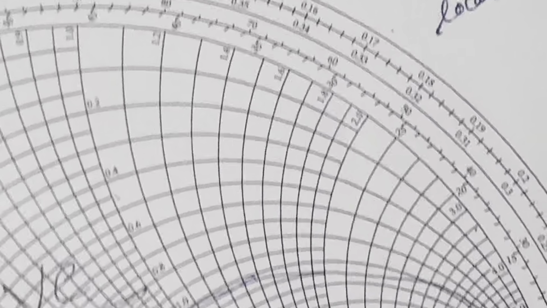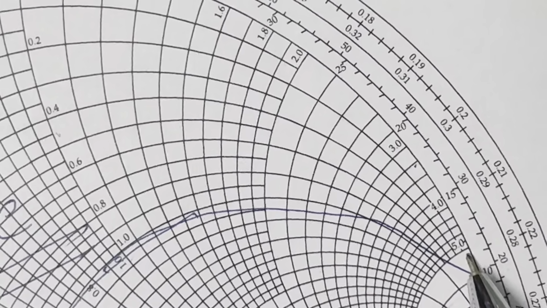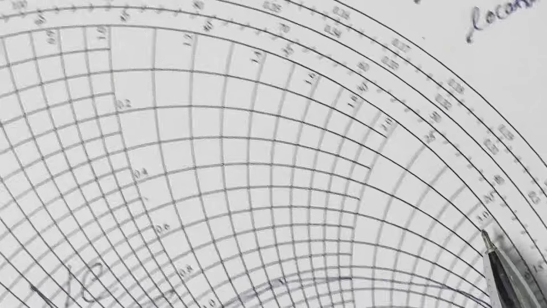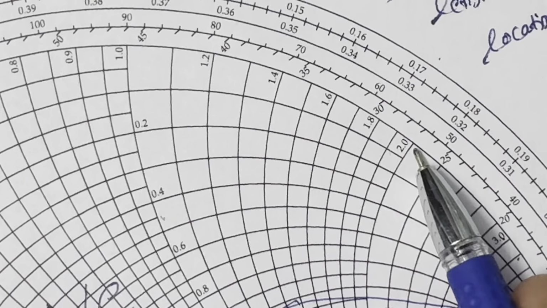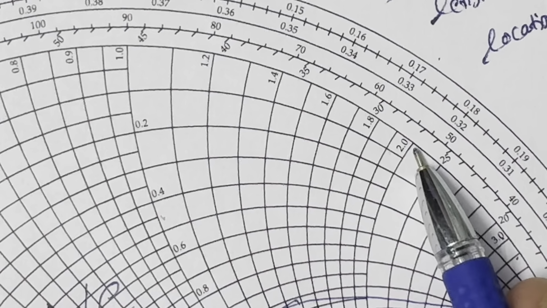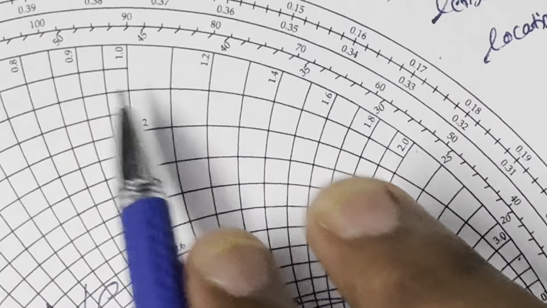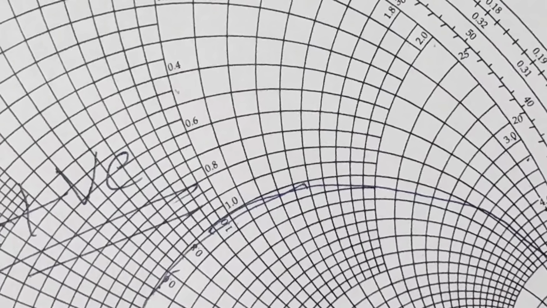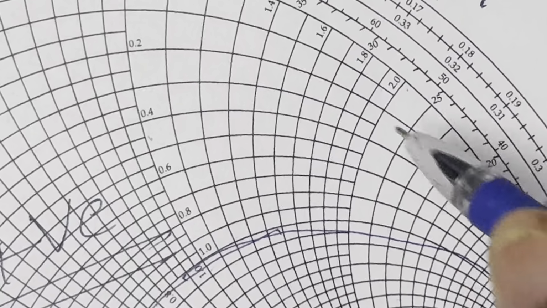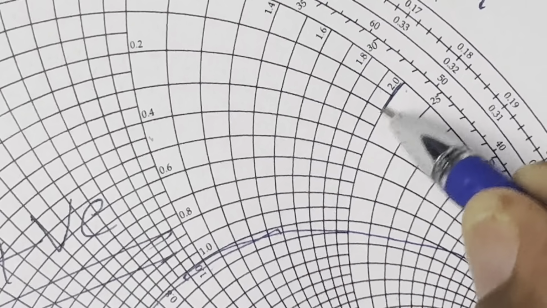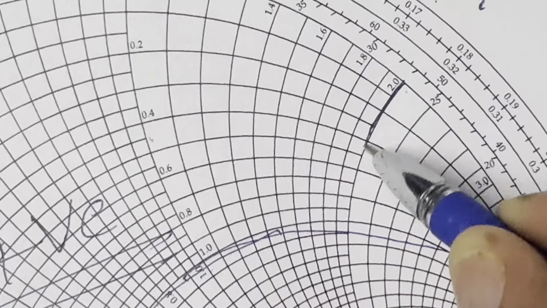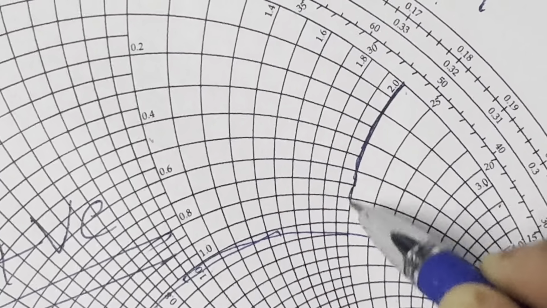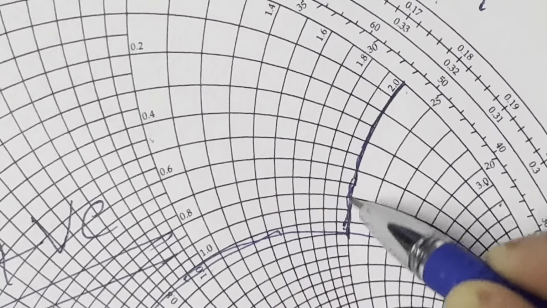Just look here. Here it is 5, 4, 3, 2. Here is 2, then 1.8 like this. This value is 2. Now I am highlighting this 2 circle. This is the circle, just highlight it like this.